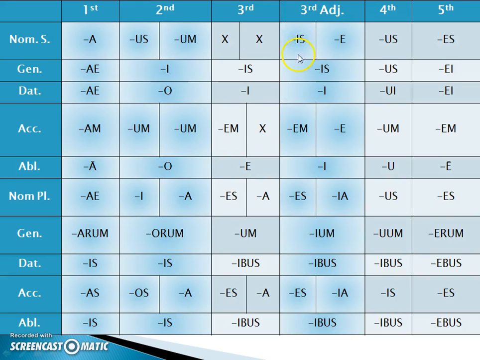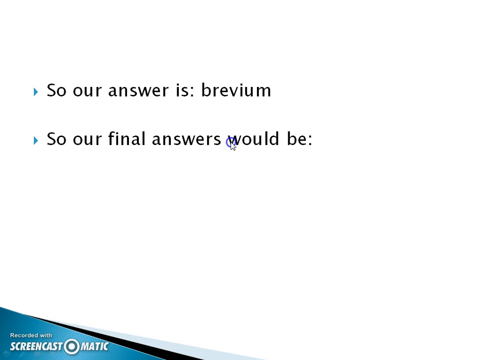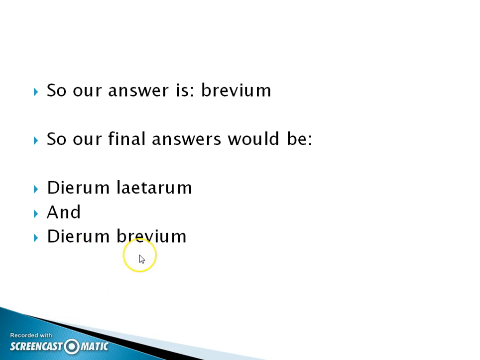We go down till we get genitive plural, and we discover that the ending for that is ium. So our answer is brevium. So our final answers would be dierum laetarum and dierum brevium. Okay. The process is the same for any noun that you're given.